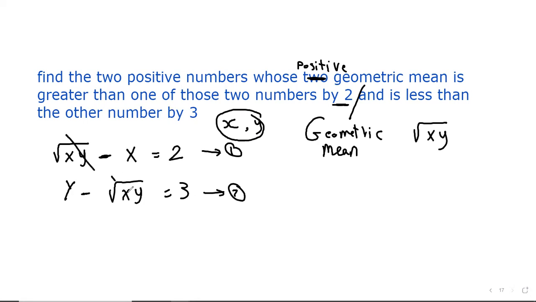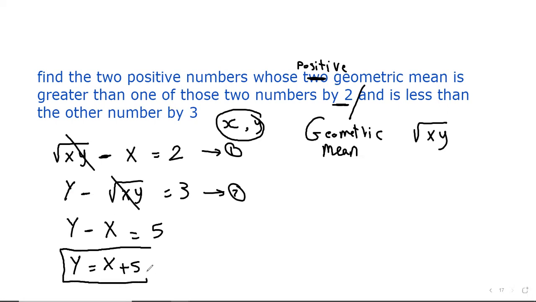So you are left with y minus x equals 2 plus 3, which is 5. From that, y equals x plus 5.